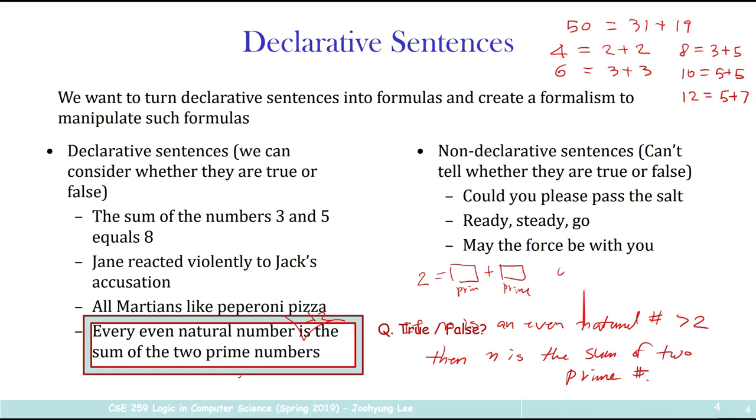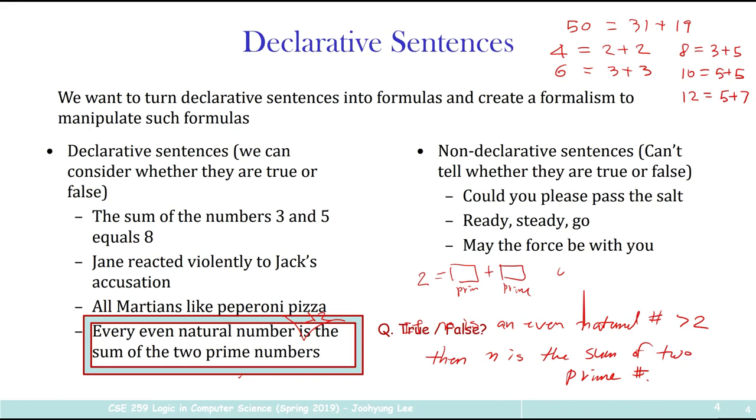So why don't we just try these things? I showed some of the numbers work, right? So can we just continue this and have it be a proof? There are infinitely many, so what is the issue?